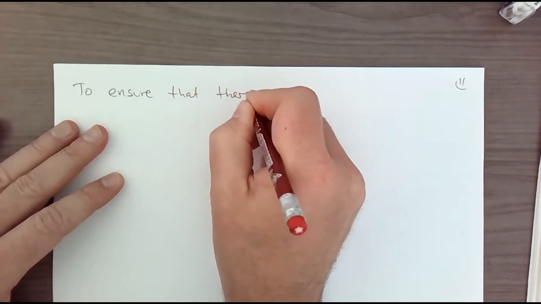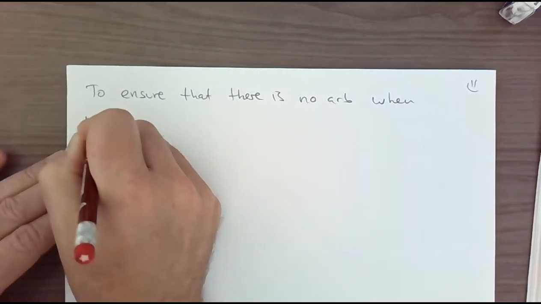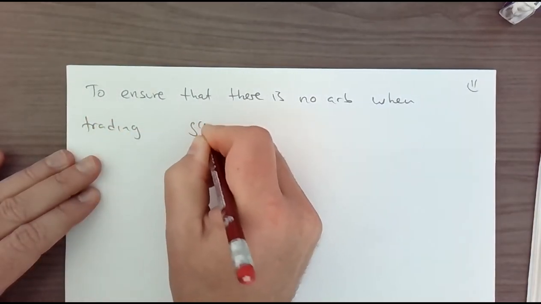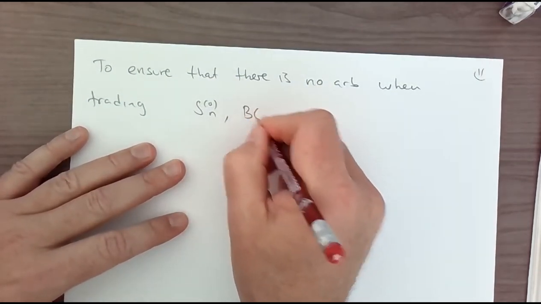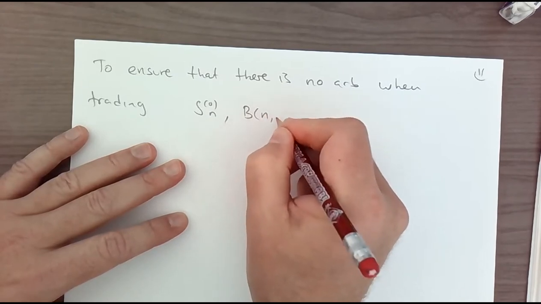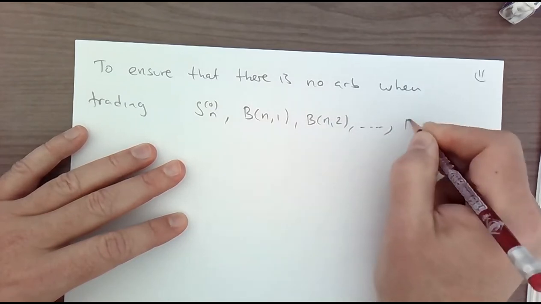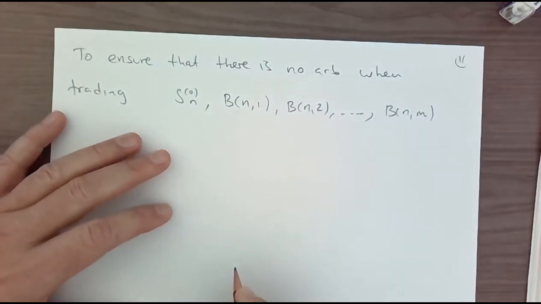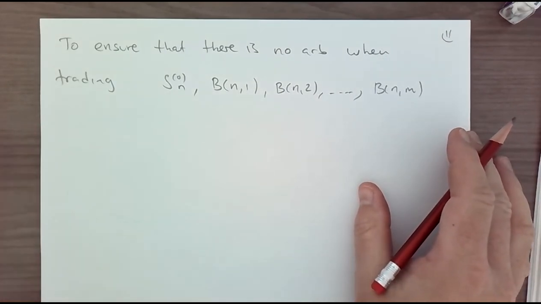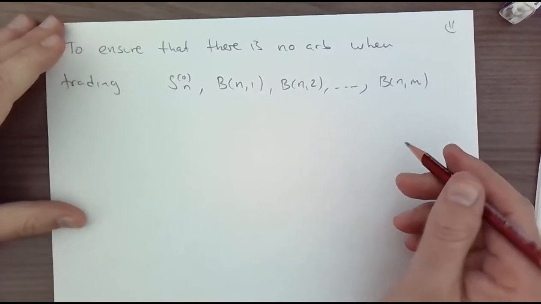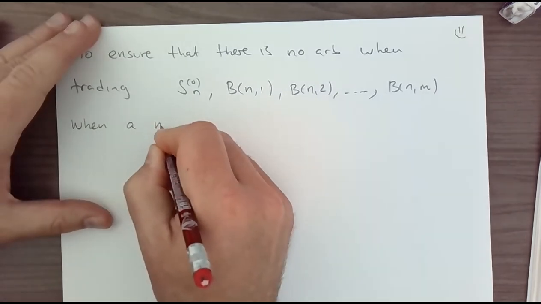To ensure that there is no arbitrage when trading in the bank and the zero coupon bonds B^n_1, B^n_2, B^n_M, we need a martingale condition.